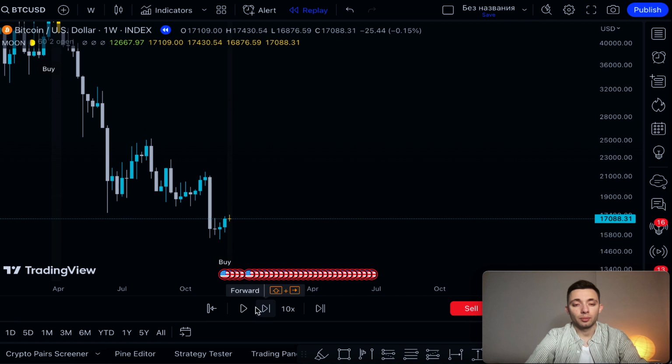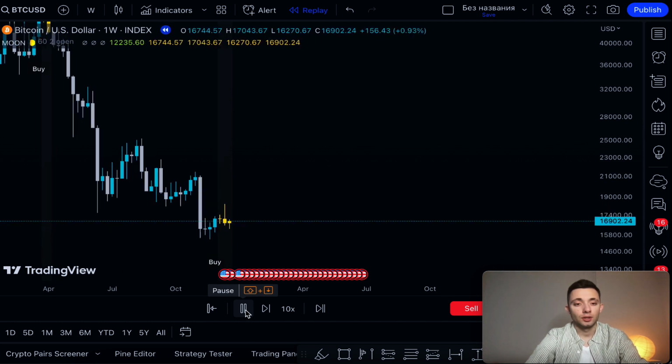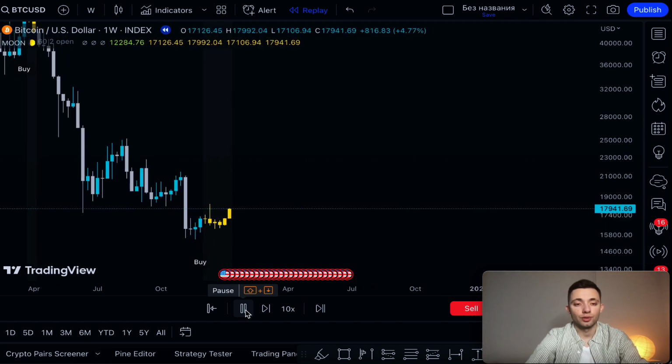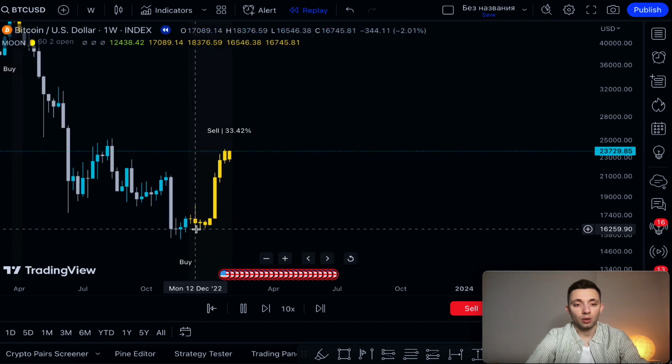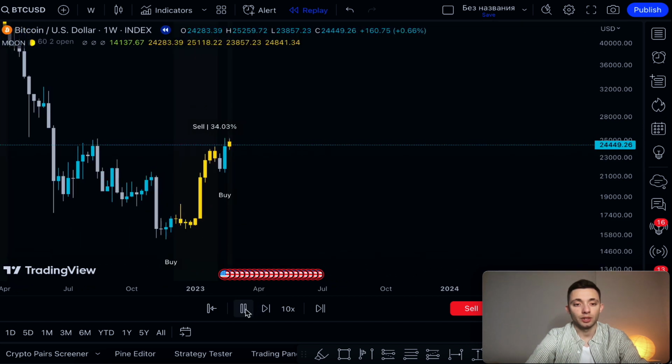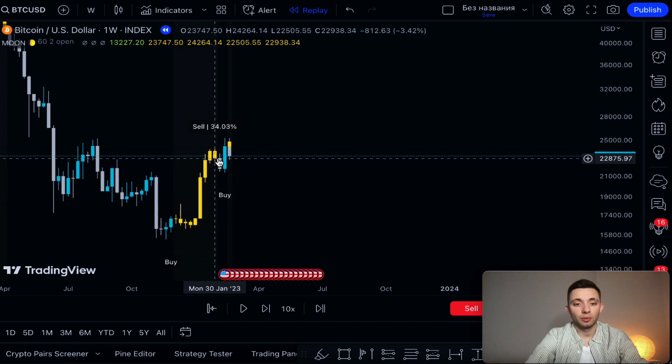Right now, I just recommend you to take a look at how the indicator showed the opening position and closing position. The price was changing during some time. We opened our position in December 2022 and we closed the position in January 2023.